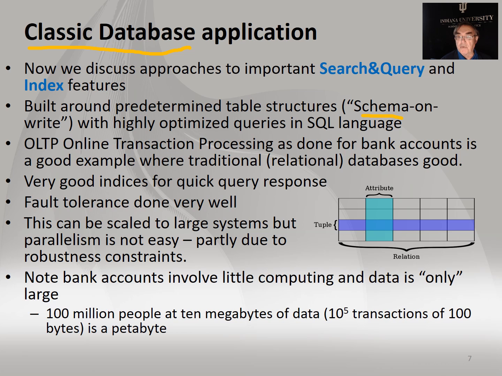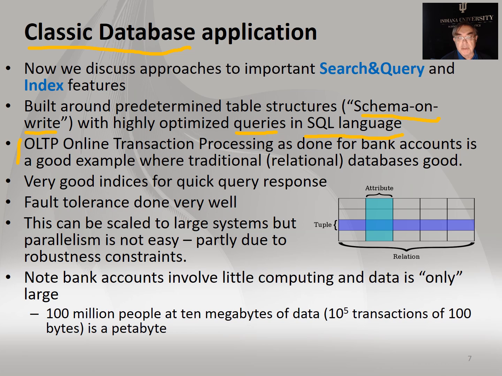so-called schema on write, namely when you write the data, you actually fix the schema. And then you have highly optimized queries, which have been investigated in great detail for a long time and highly optimized in the SQL language.